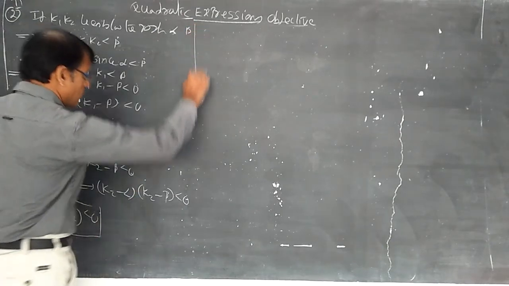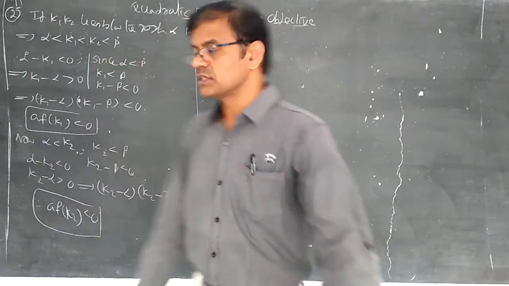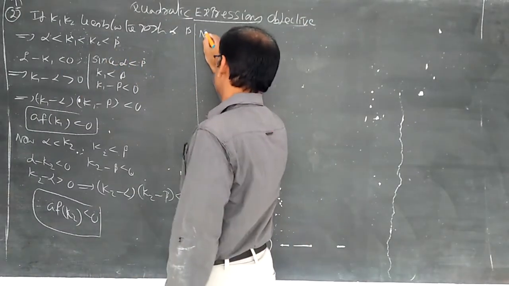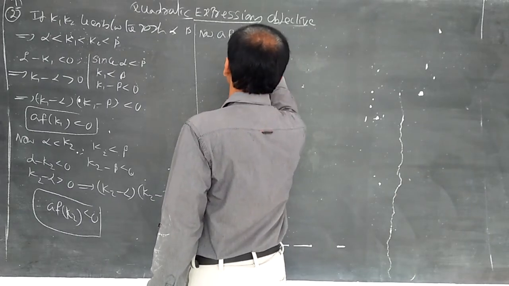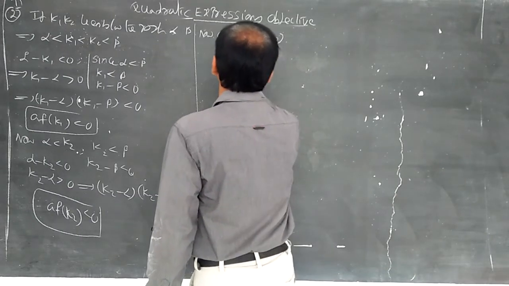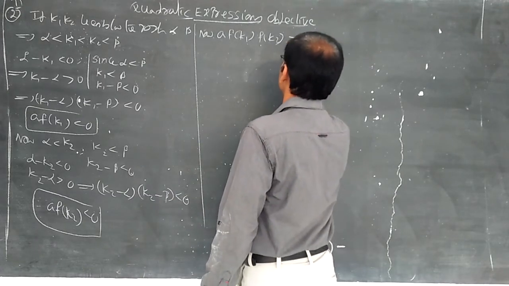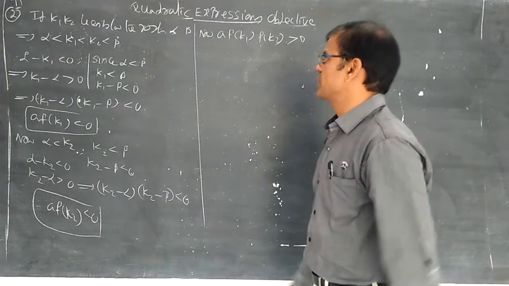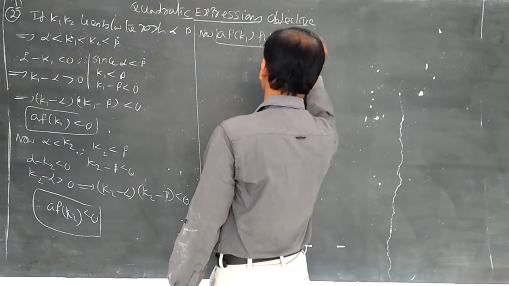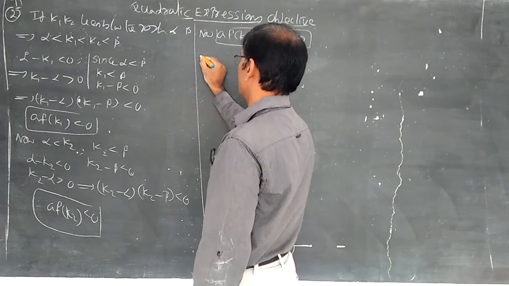Now if you multiply both, for using the wavy curve, a into f of k1 into f of k2 greater than 0, because here we have the minus into minus concept. Now let us draw the graph.